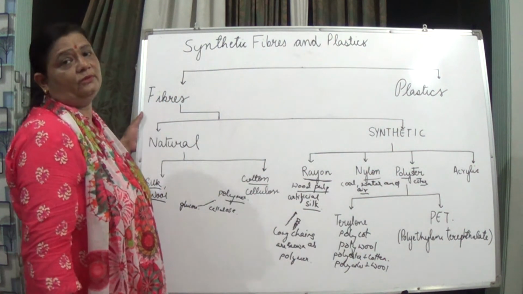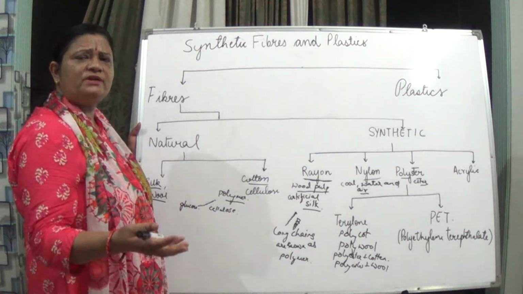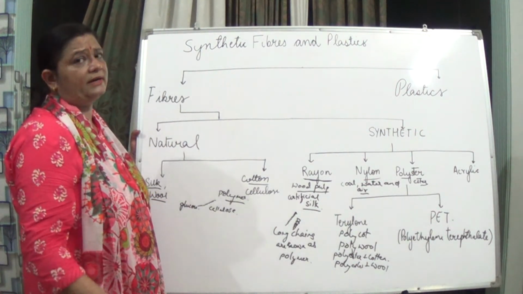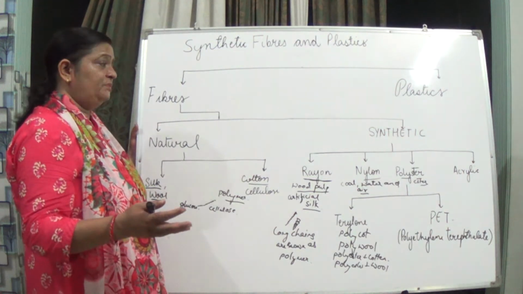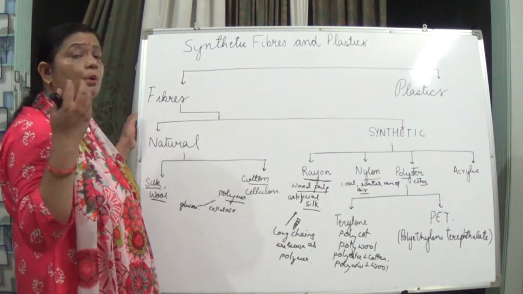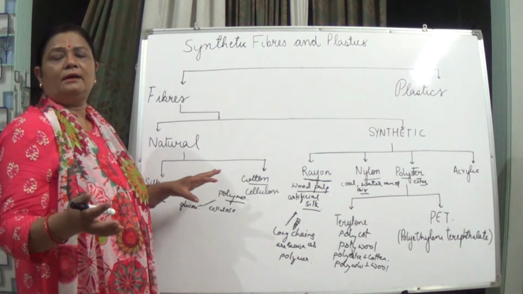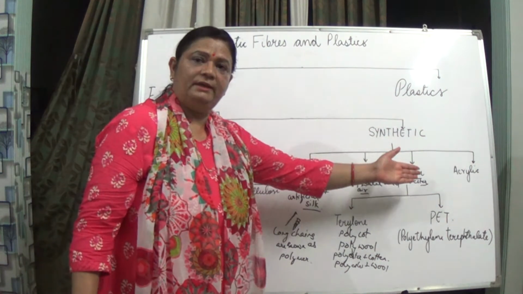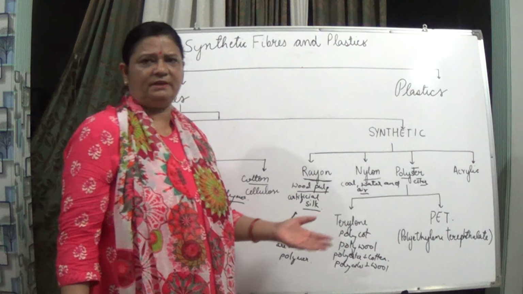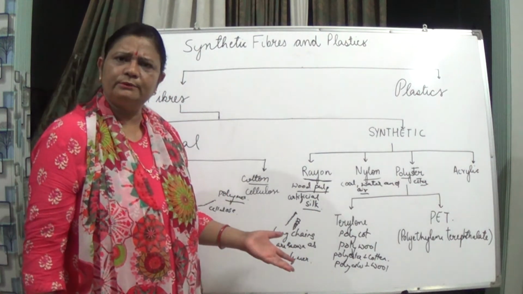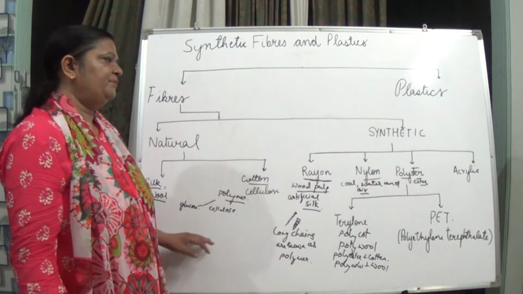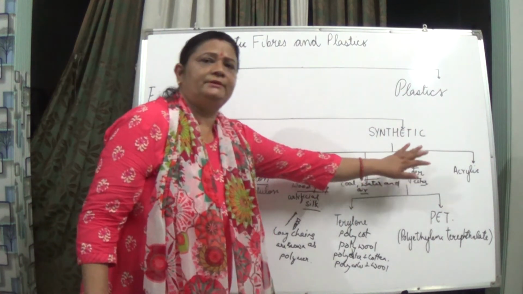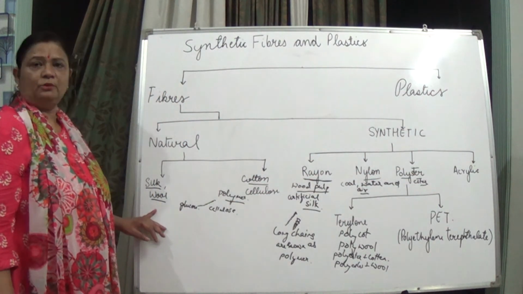Here, synthetic wool is made, from which sweaters are made, and the blankets which you see in the market right now, the carpets you are seeing, even the sweaters, are basically made of acrylic only. These acrylic products are cheap in nature, good looking also, and shiny also. So this is a synthetic fiber which is a substitute of wool.